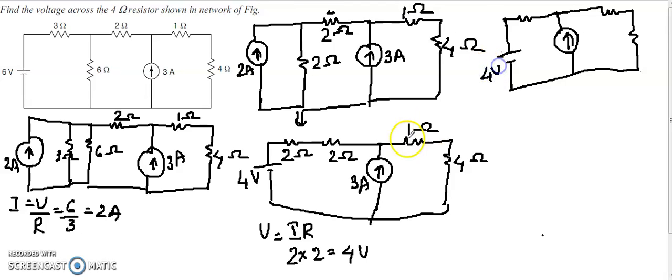this 4 volt, and we put these 2 ohm series as 4 ohm. Here again 3 ampere, 1 ohm and 4 ohm. So now we can bring these two to a current source in parallel with a resistor.